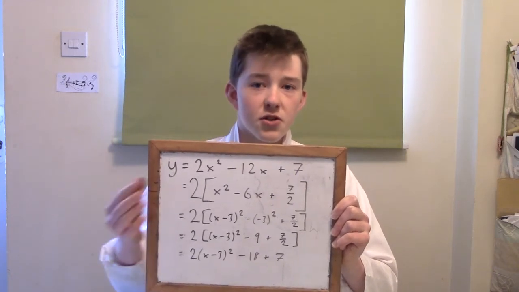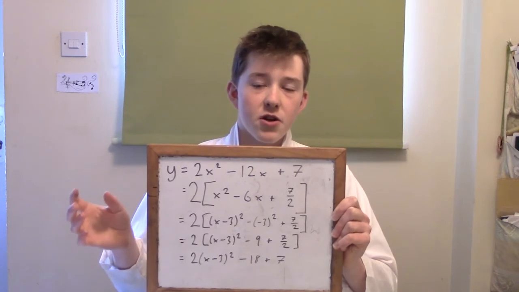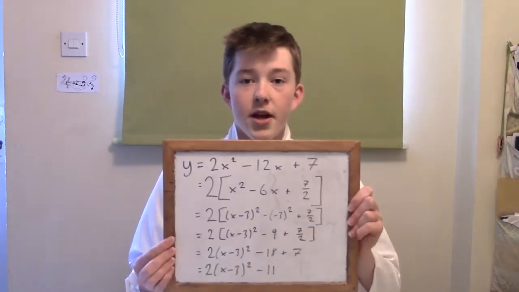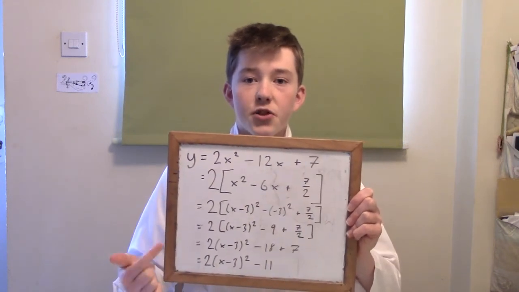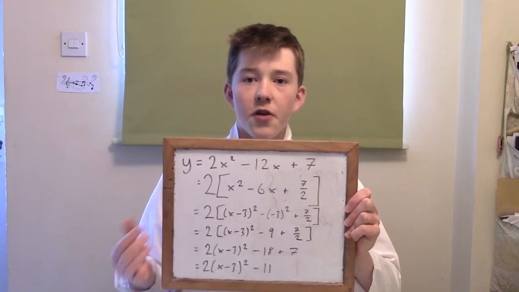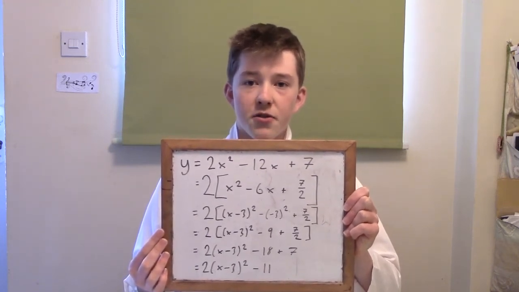That's why we didn't turn it into a decimal before. It's far easier to get rid of the denominator in the fraction than it is to multiply a decimal. In a final step, we add the 2 constants together to get minus 11. So the final equation is y equals 2 brackets x minus 3 squared, minus 11.